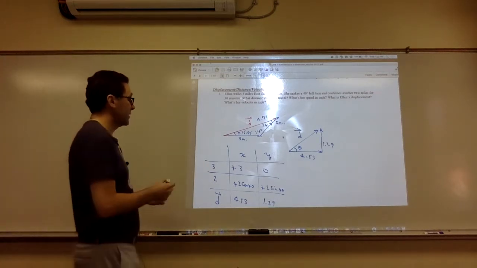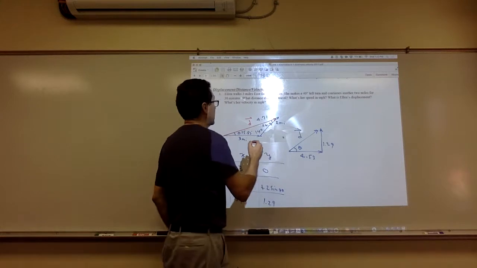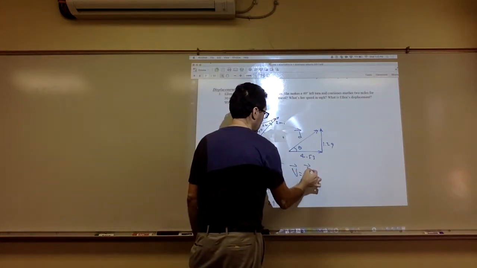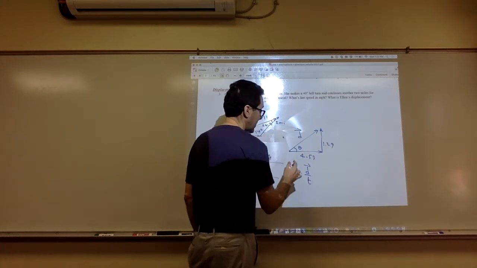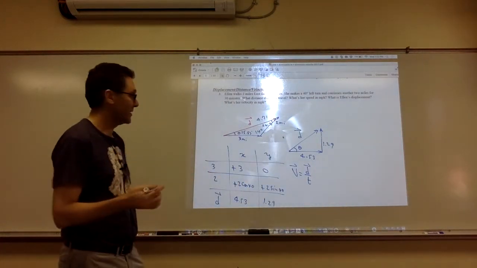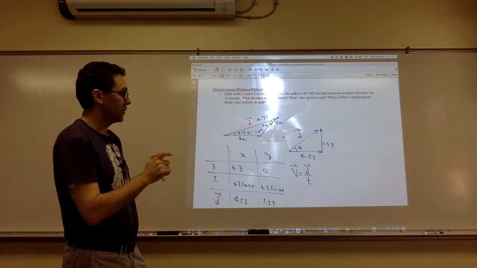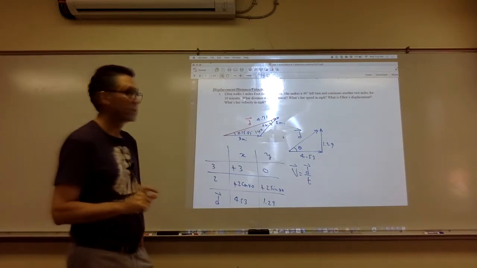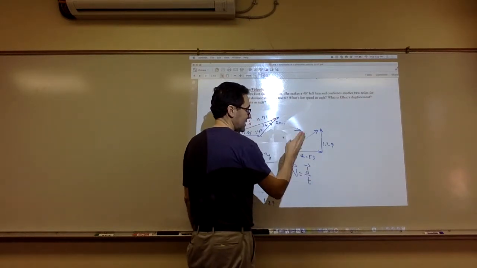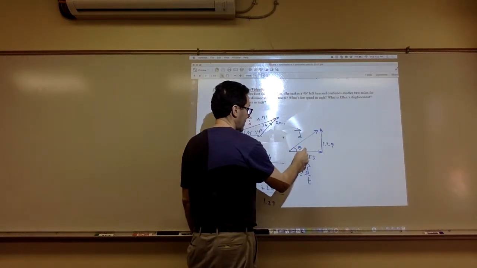Now to find the velocity, okay, the velocity is displacement over time. So if I take the vector displacement and I divide it by time, which is positive, the direction of the vector does not change. Okay, so basically V and D have the same direction. So I don't have to worry about the angle.